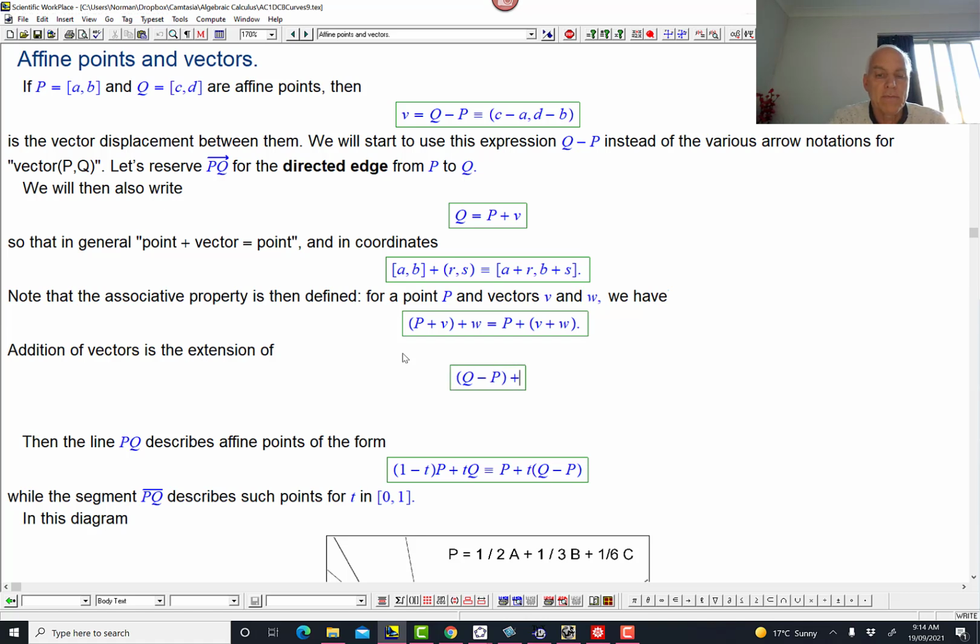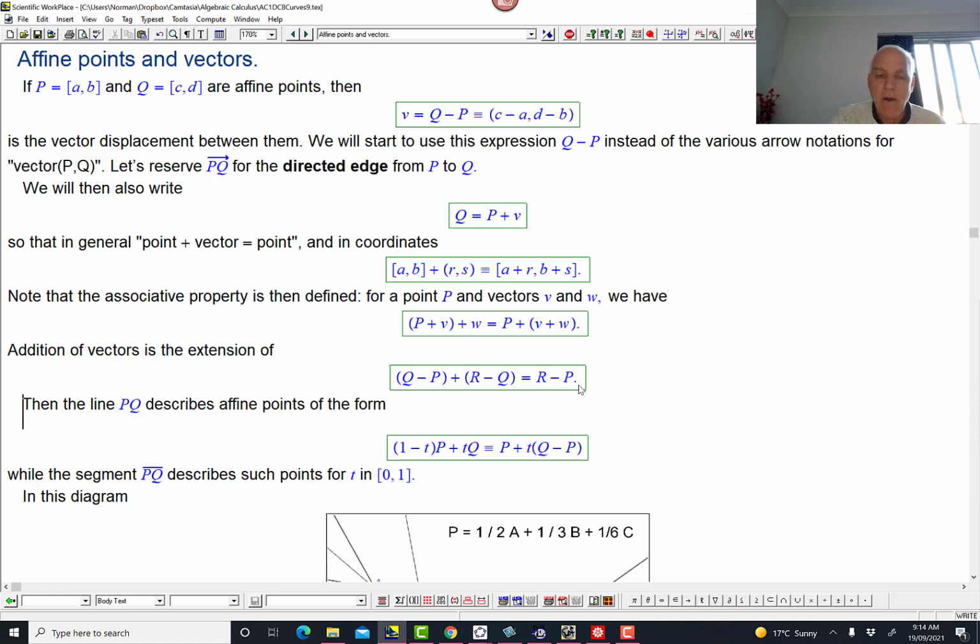Here's another vector, the vector R minus Q. We can tell these are vectors because they're differences of points. And how are we going to add these two vectors? If we add them, we are going to get R minus P, which is another vector. So this is the arithmetical analog of the fact that you put the tail of one vector at the head of the other, and then the result of the addition is from the tail of the first to the head of the second.